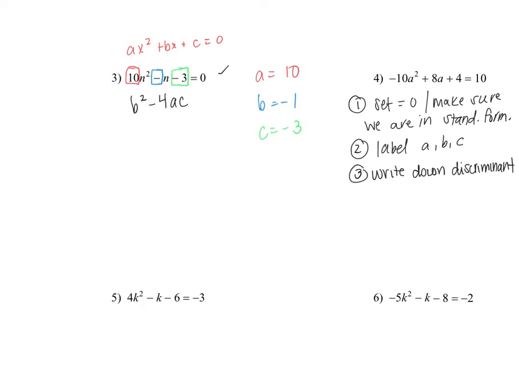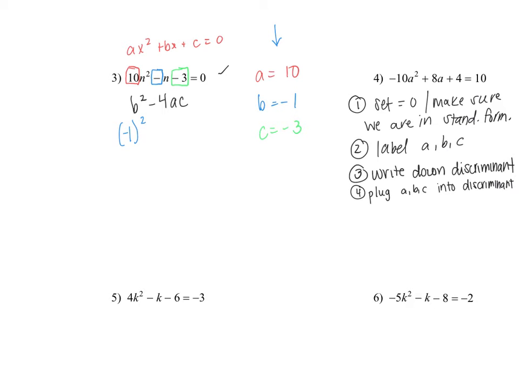Okay, step 4 is then to plug A, B, and C into the discriminant. Okay, so I'm going to do them in colors, the colors that I wrote on the right side. So the first thing I need to do is plug in -1 for B. Now, super important to remember that you are always going to put parentheses around whatever number we plug in.